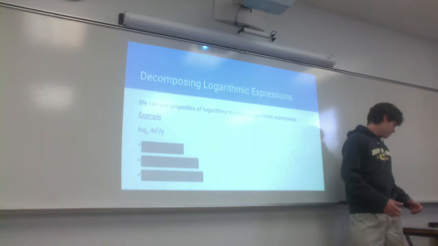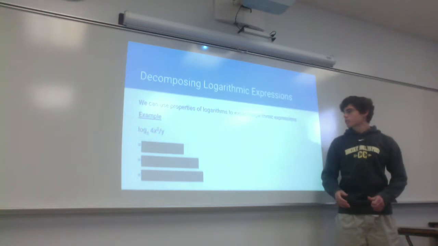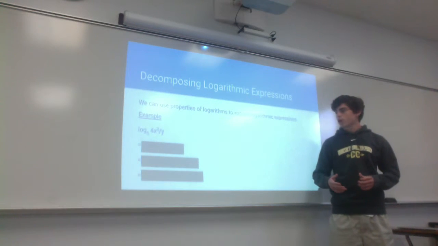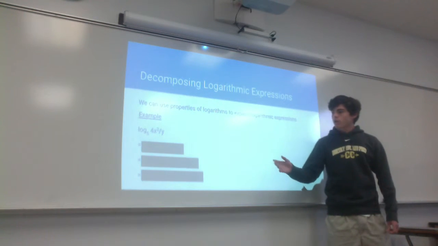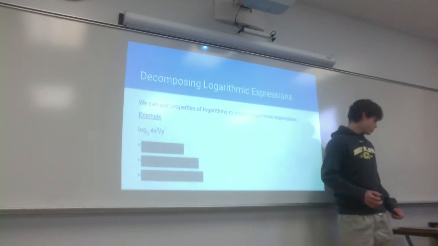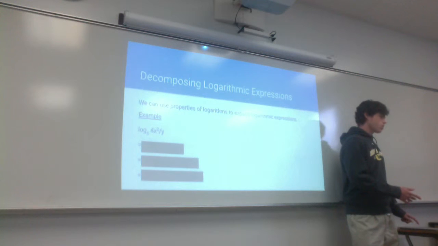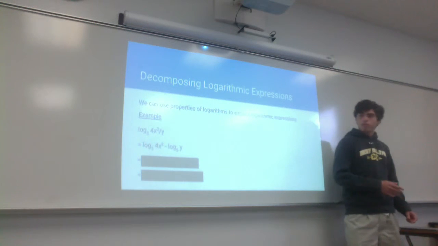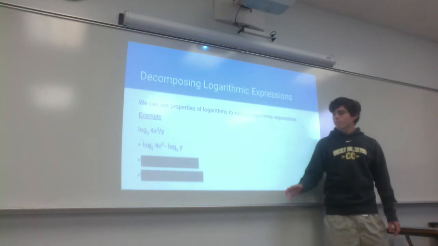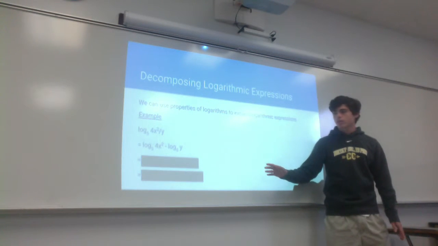So, decomposing logarithmic expressions. Here's an example of one where you need to use multiple properties. You have log base 5 of 4x squared over y. The first thing you're going to do is separate the 4x squared and the y to get log base 5 of 4x squared minus log base 5 of y. Then the log base 5 of y is as simple as it can get.